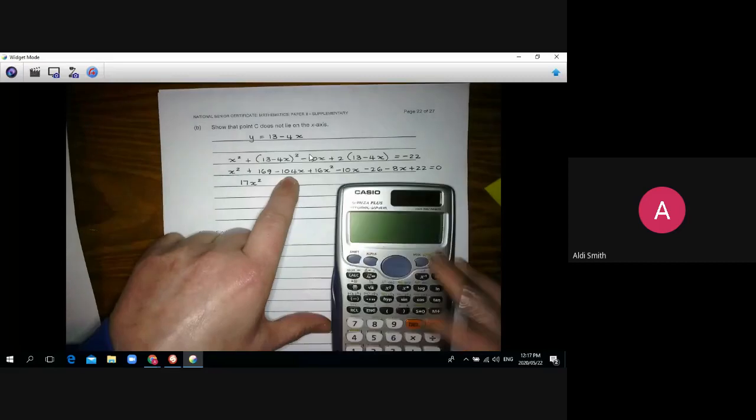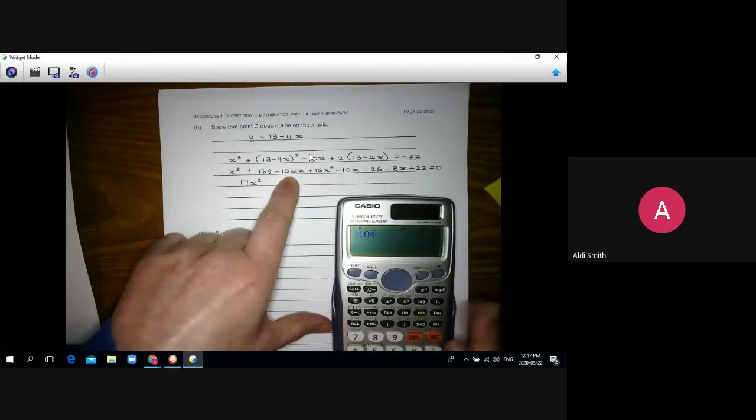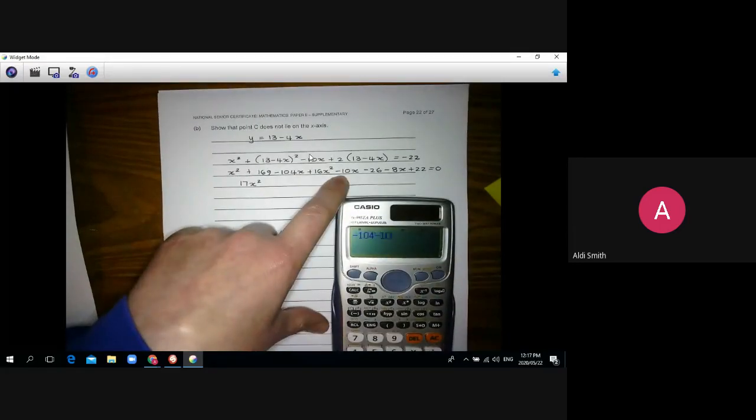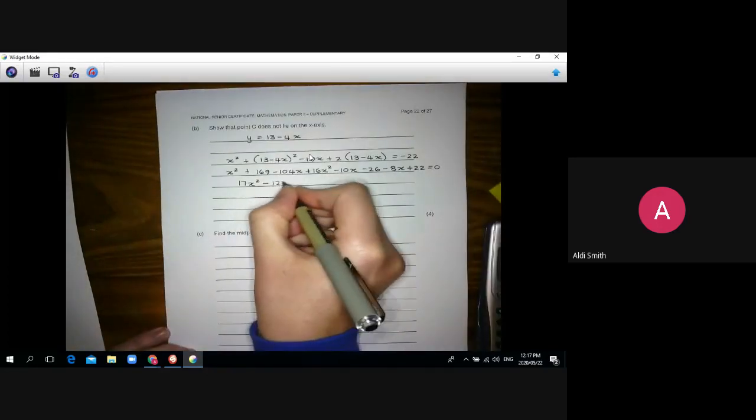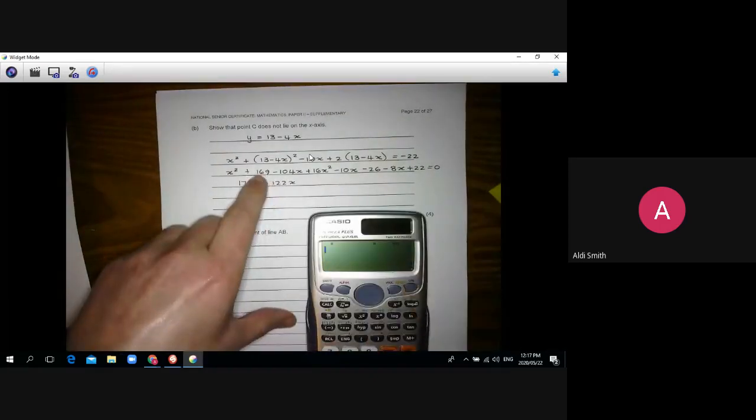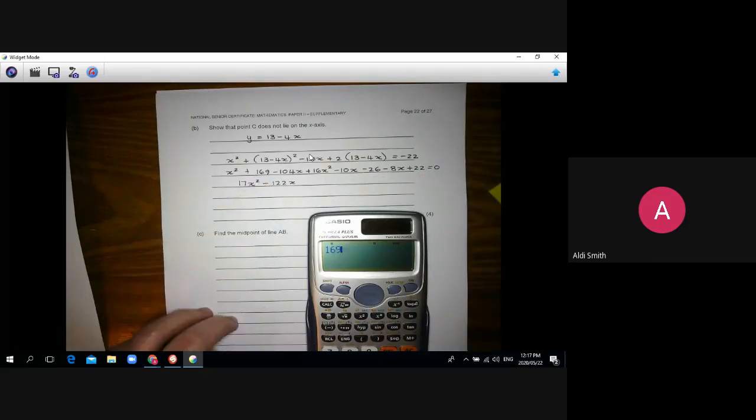Then we've got over here minus 104 minus 10 minus 8. So that's going to be minus 122. And then over there, we've got 169 minus 26 plus 22. And that's going to be 165.